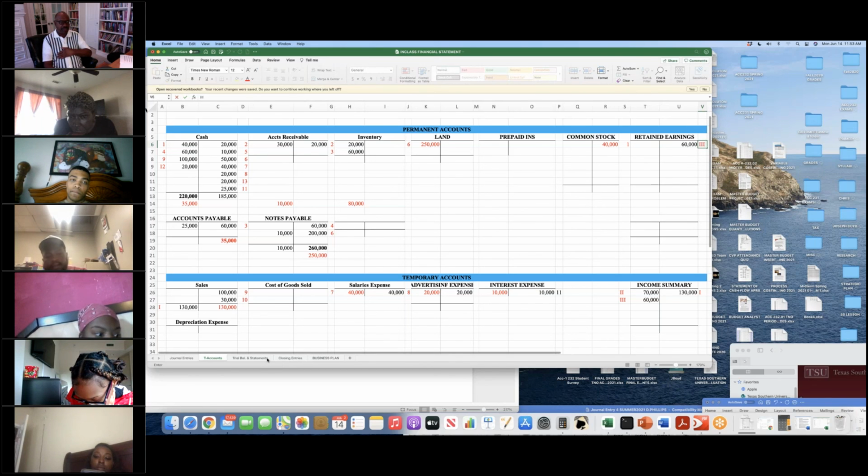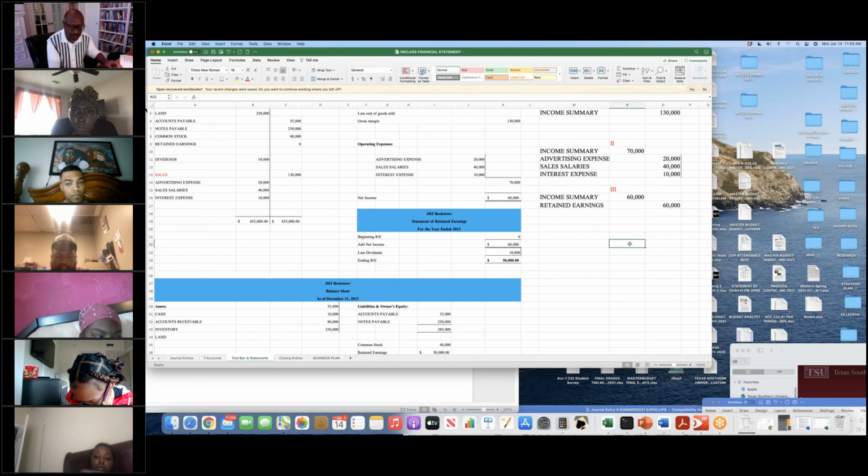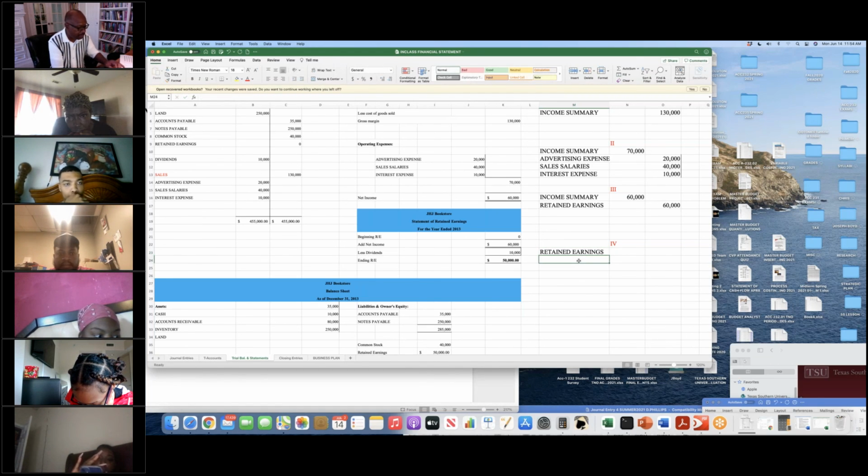Now we need to make closing entry 4. And closing entry 4 is going to be what? Retained earnings and dividends. Closing out the dividends. So we're going to debit retained earnings, and we're going to credit dividends for that $10,000.